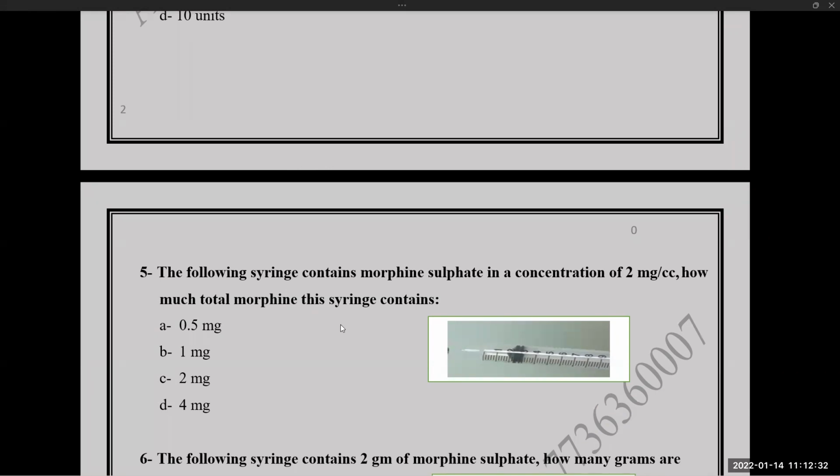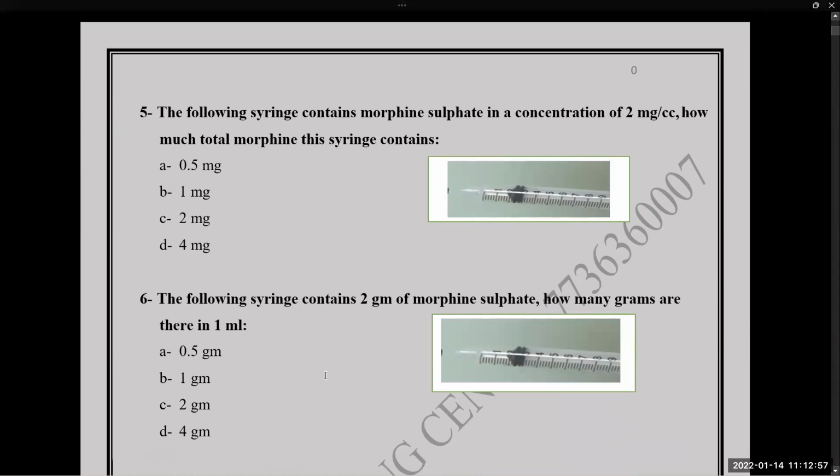What is the total volume in the syringe? It's 2 ml. Yes. So 1 ml is equal to 2 mg, and there are a total of 2 ml in that. So the correct answer is 4 mg. Okay.